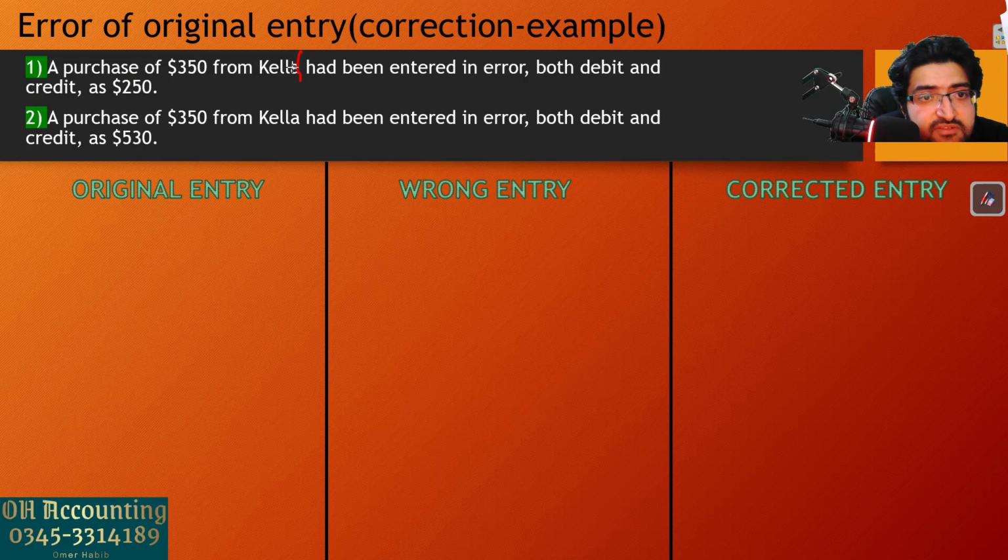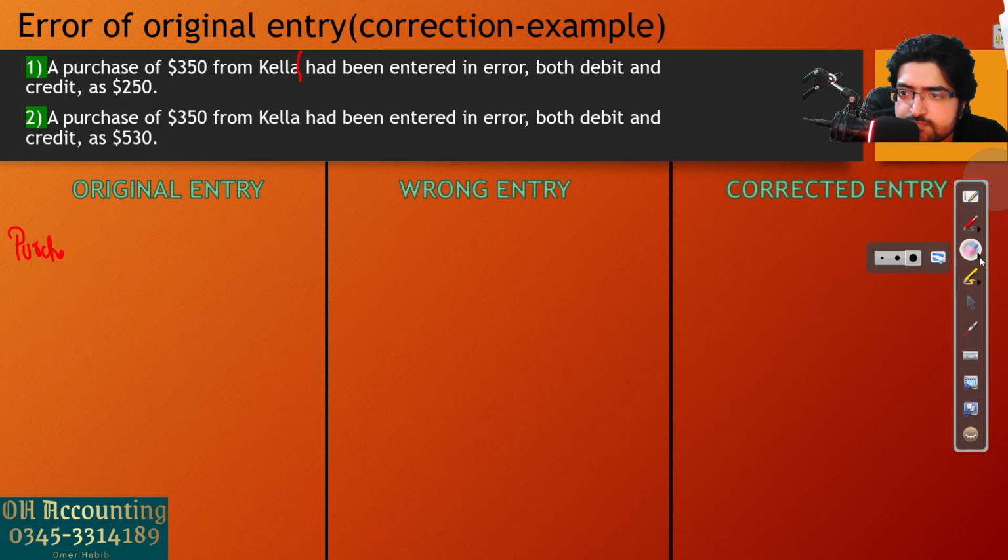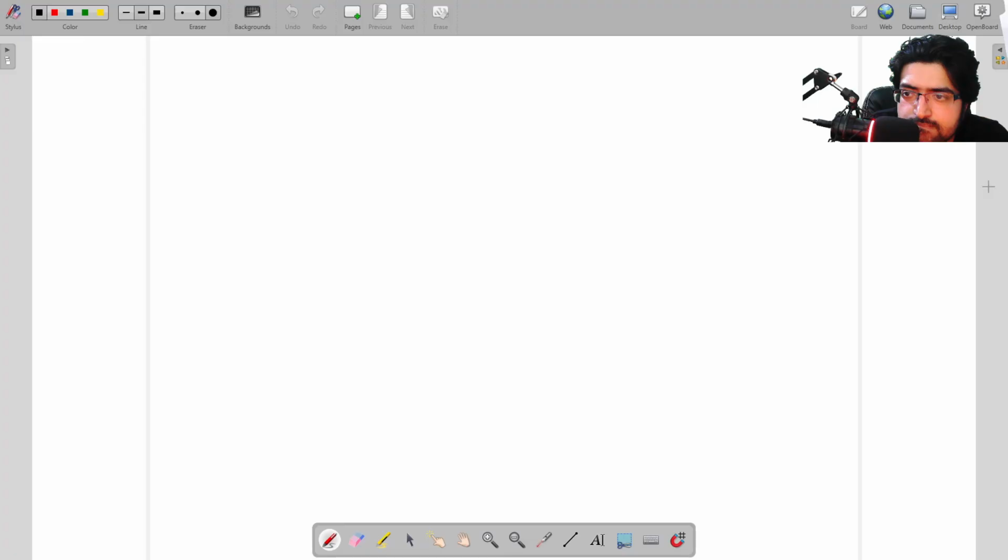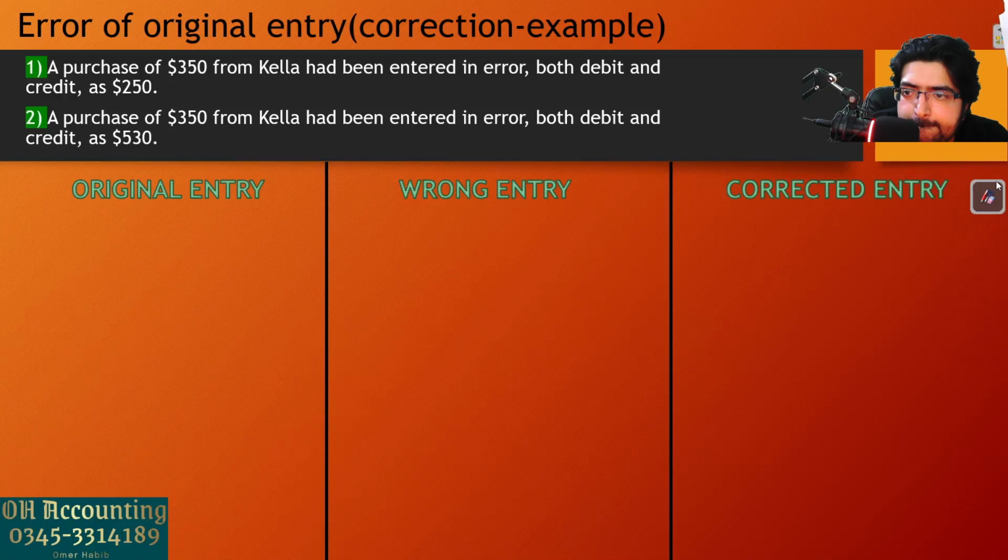A purchase of 350 from Kela. Okay. So you are purchasing goods. When we purchase goods, purchases is an expense.